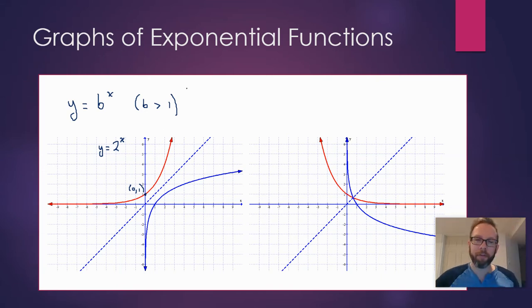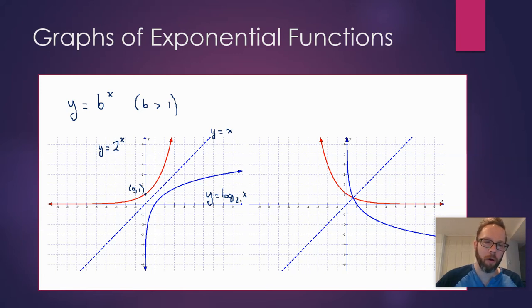What I've also graphed is a dashed line for y equals x, because I've also graphed the inverse of 2 to the power of x. I've graphed the function log base 2 of x. You learned in your grade 12 course that exponential functions and logarithmic functions are inverses of each other. In your grade 11 course, you learned that inverses of each other are reflected in the line y equals x.